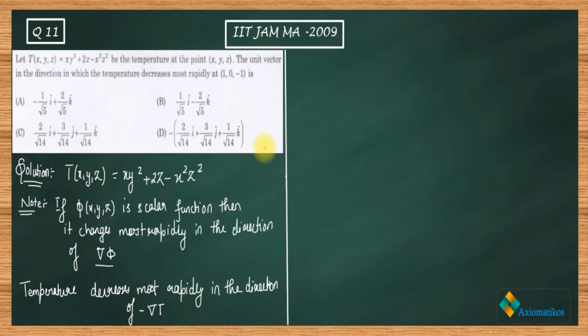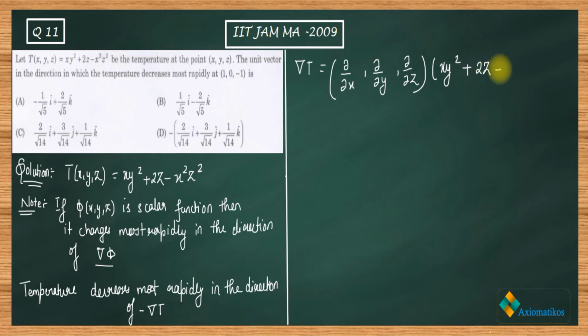Firstly, let us determine del T. Del T is (del by del x, del by del y, del by del z), which you already know. Now you have xy² + 2z - x²z².